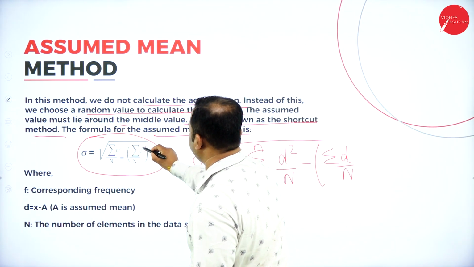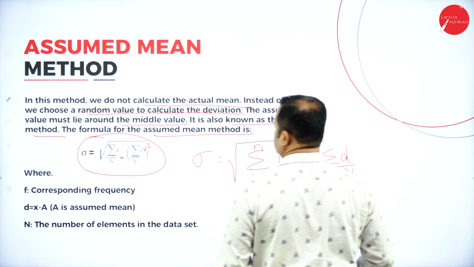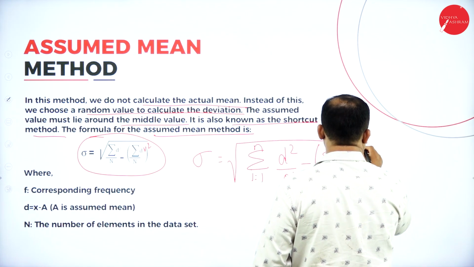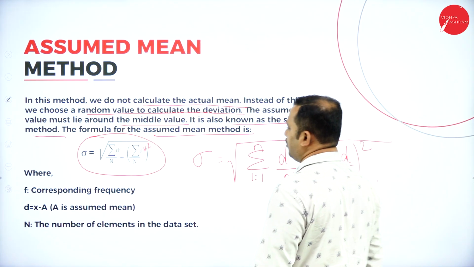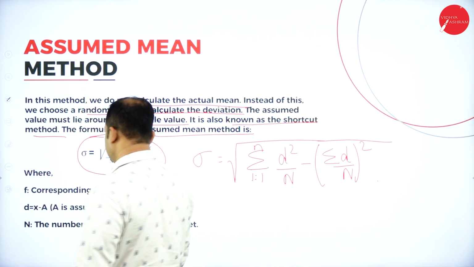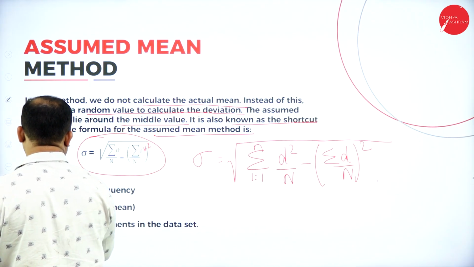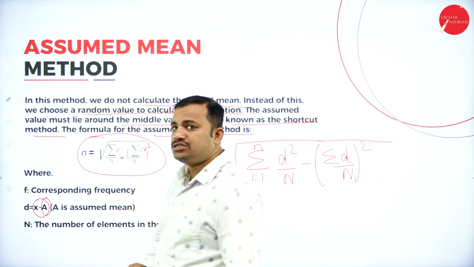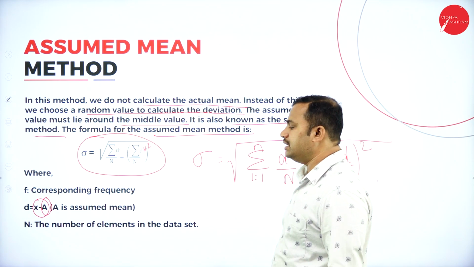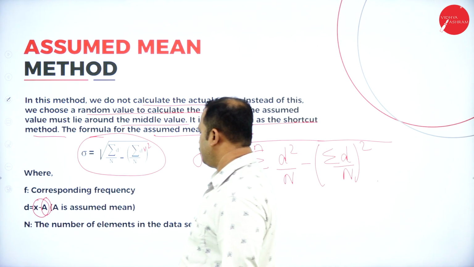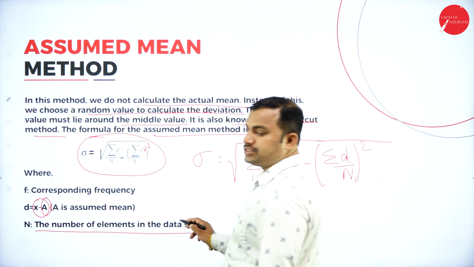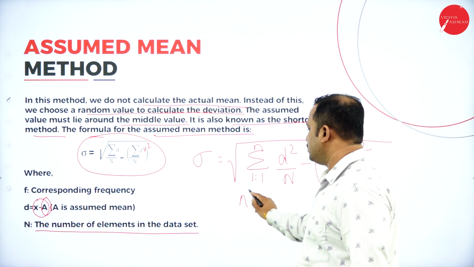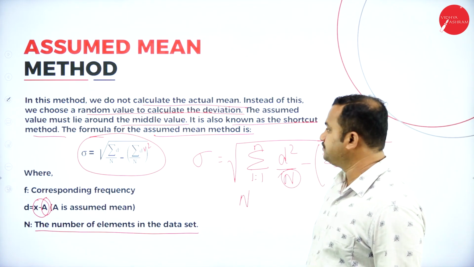That is, this has to be d by n whole square. That is the meaning of the assumed mean method. So we have x minus a, where a is the assumed mean. It is not just a mean, it is an assumed mean. The number of elements in the data set is represented by the symbol n, that is the total number of elements.